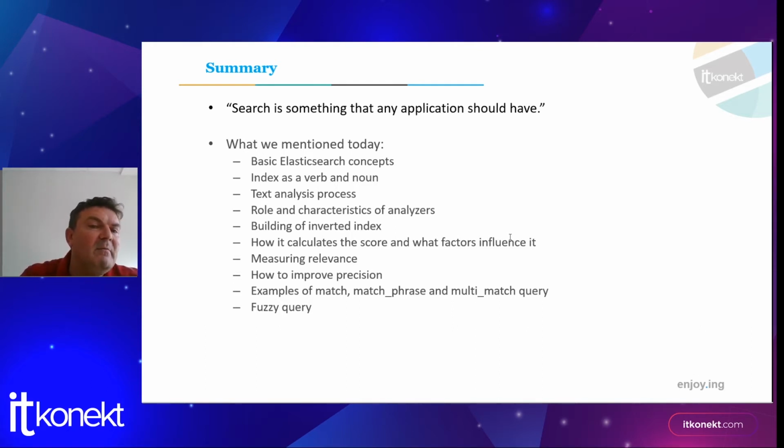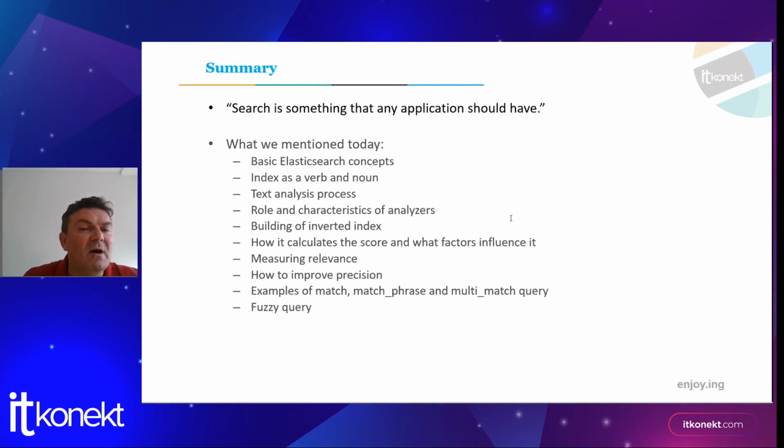We mentioned how documents are indexed in Elastic, what happens during the text analyzing process, what the role is and what an analyzer consists of, how inverted indexes are built, and why Elasticsearch can find data much faster than relational databases.